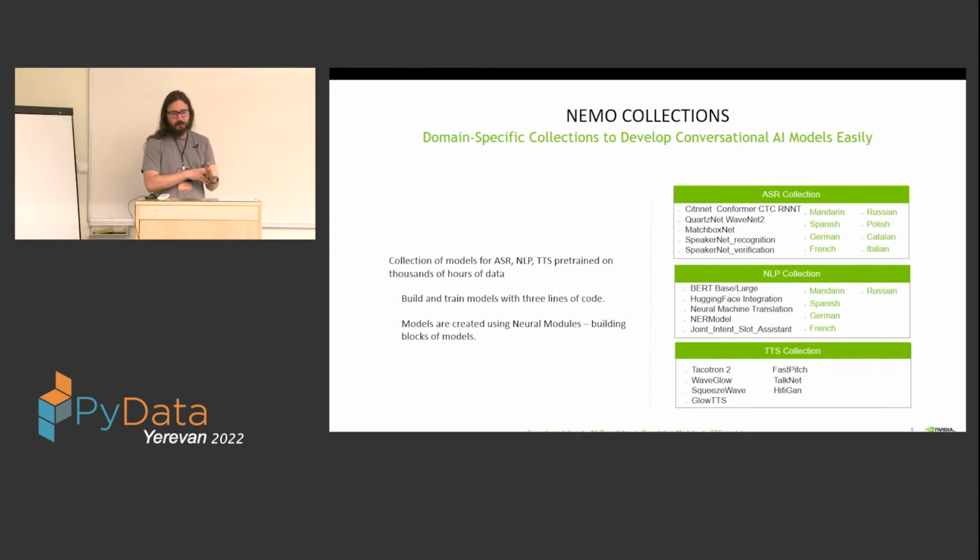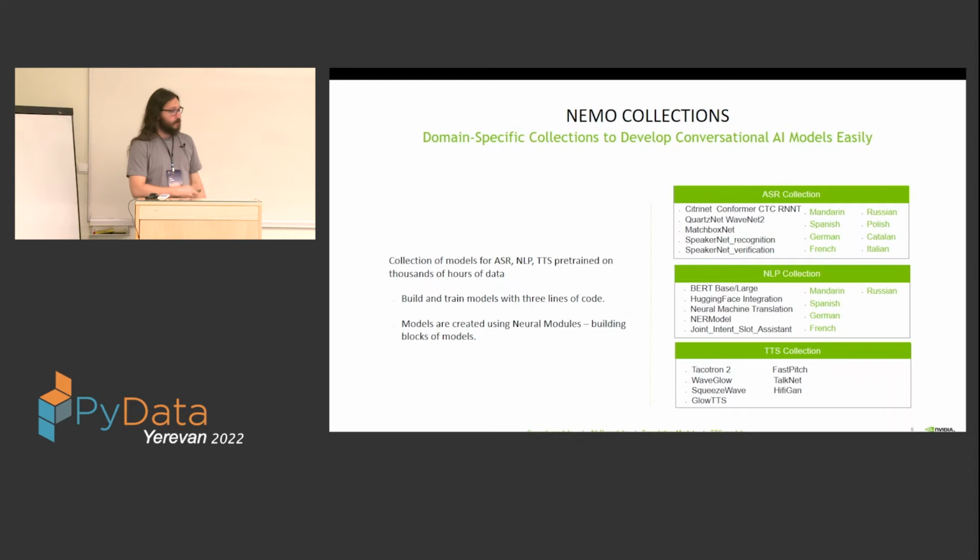Now we have not only the BERT model, we have plenty of them actually through the big NLP concept. It has some nice features like Hugging Face integration and stuff. A bit fewer languages right now for general NLP. It is a bit harder to fit the whole bunch of NLP tasks for now than, for example, ASR.